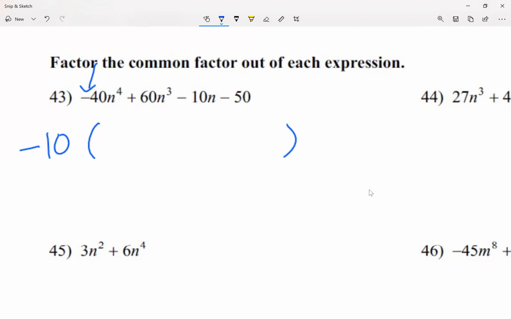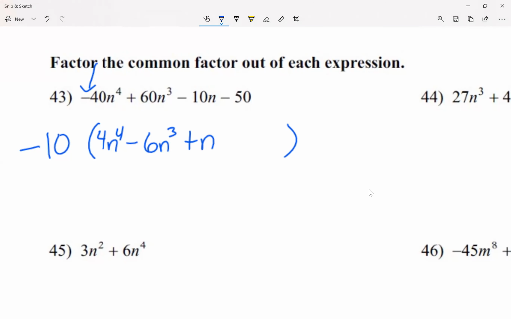So inside the parentheses, remember I'm dividing each number by negative 10, I'm going to have 4 n to the fourth minus 6 n to the third. Remember, I divided by 10 and switched the sign. So that's why I have a negative 6 plus 1n.